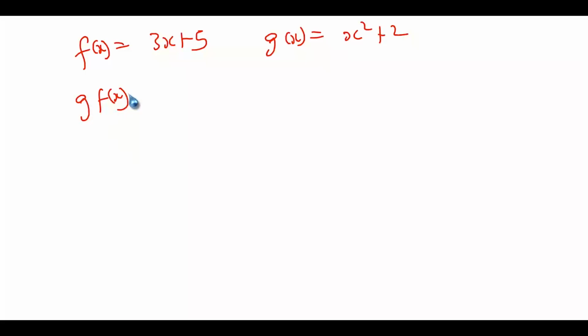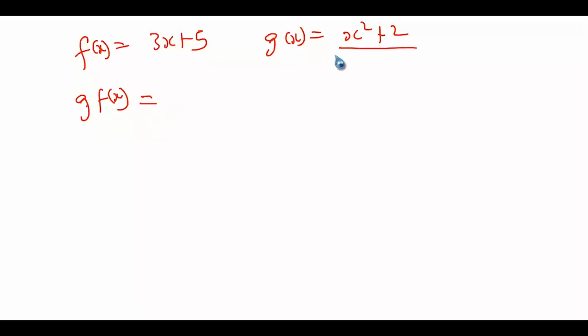If you want to find this, what you need to do is to insert f of x into g of x as the x value. So this is g of x. Anywhere we see x there, we pass in f of x, then that will be a composite function.